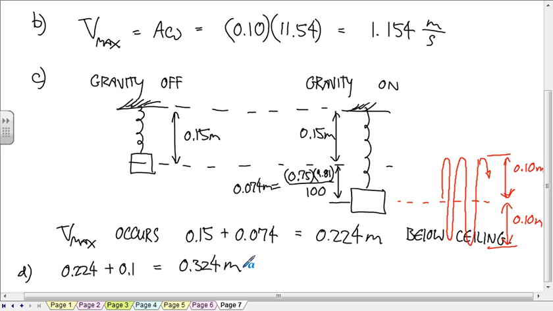Any questions about any of those? Yeah. Capital A, that's the distance that we're told, like a change, right? Yeah. The amplitude is the distance from the resting position to the extreme position. Yep. Any other questions?